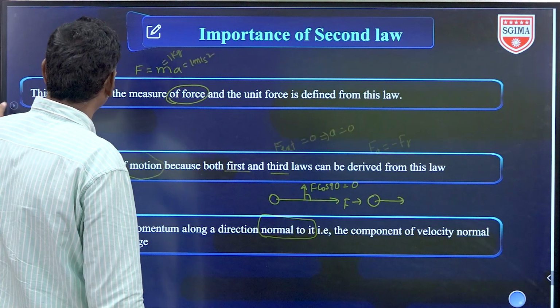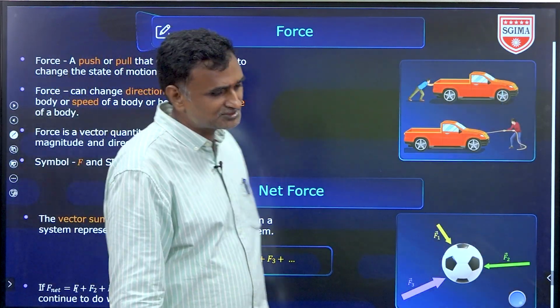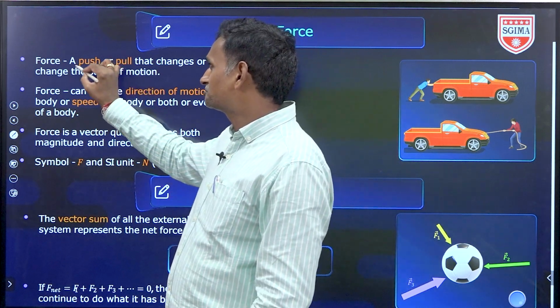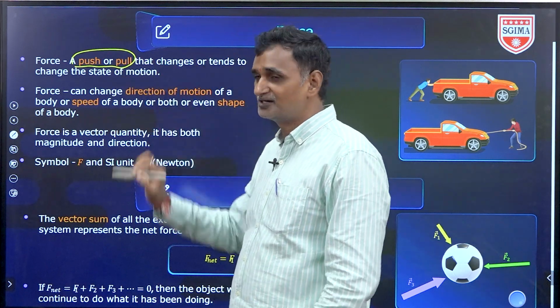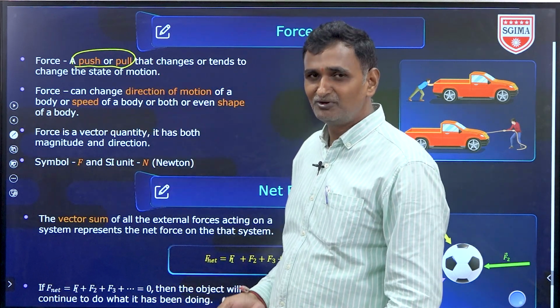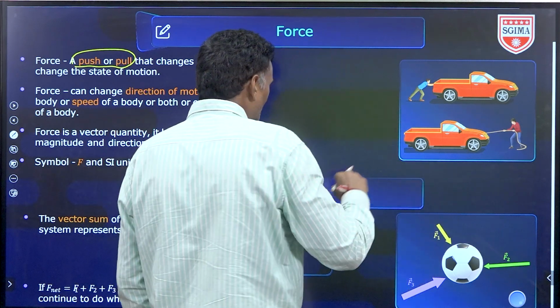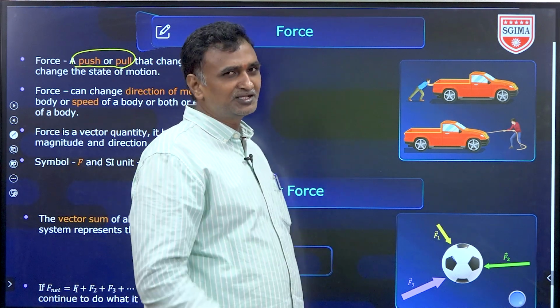Let us move on to the next slide. What is actually force? More about force. It is a push or pull that tends to change the state of motion. If the force is not acting, or we don't push or pull the body, then it will remain at rest only.